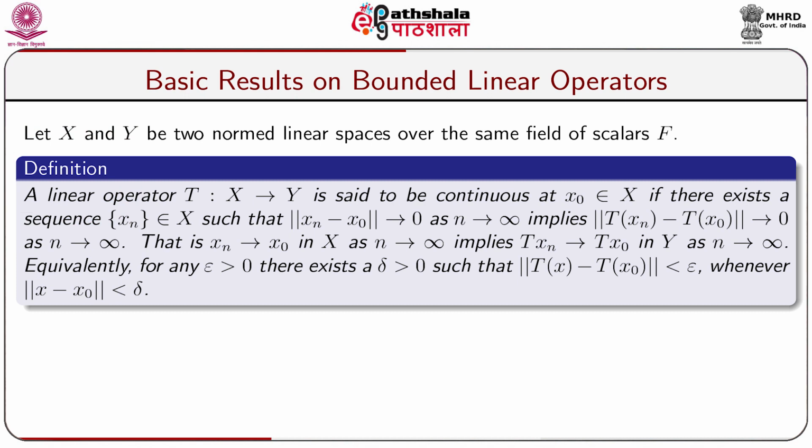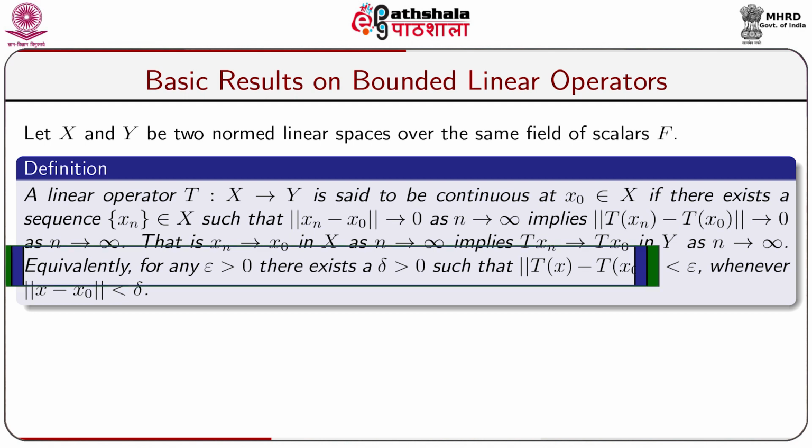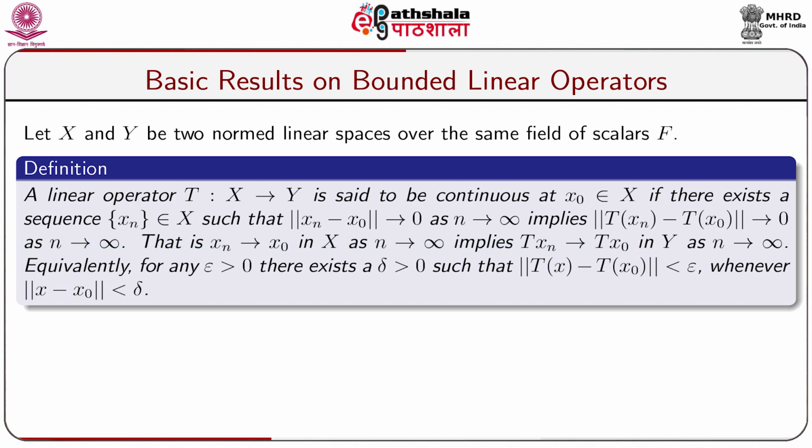That is, xn tends to x naught in X as n tends to infinity implies Txn tends to Tx naught in capital Y as n tends to infinity. Equivalently, for any epsilon greater than 0, there exists a delta greater than 0 such that norm of Tx minus Tx naught is less than epsilon whenever norm of x minus x naught is less than delta.